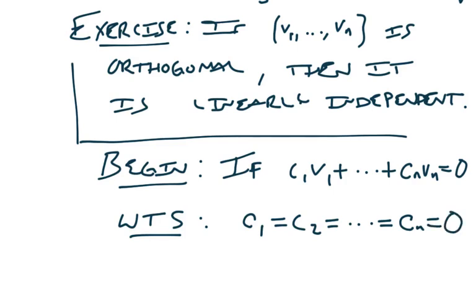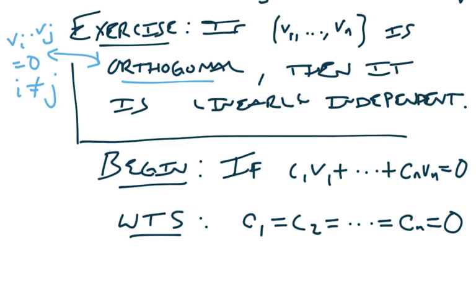And all you know is that the collection is orthogonal. So what you're going to do is use this orthogonality idea and what orthogonality tells you about the dot product. This tells you that Vi dotted with Vj will be 0 if i is not equal to j.